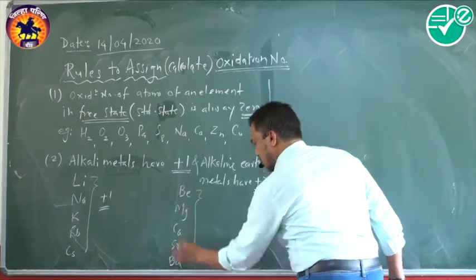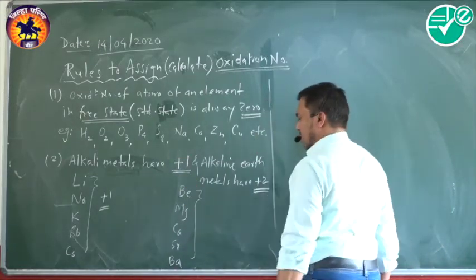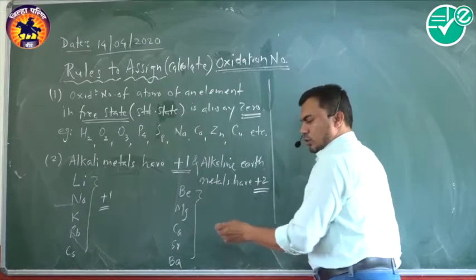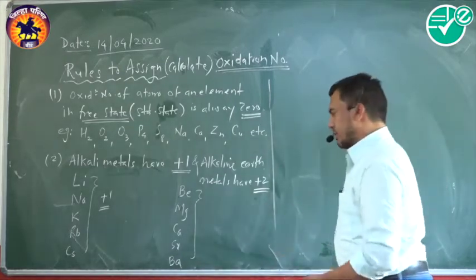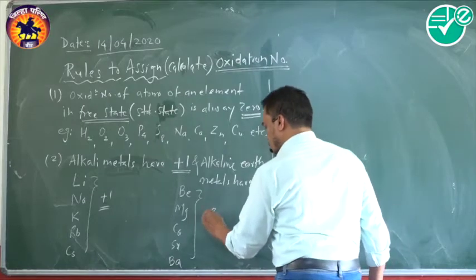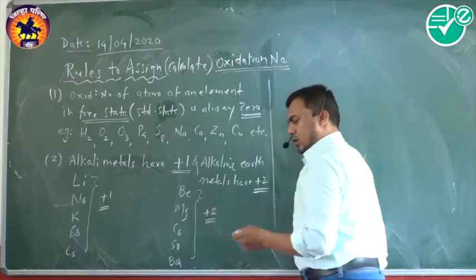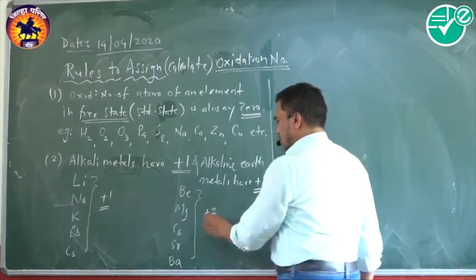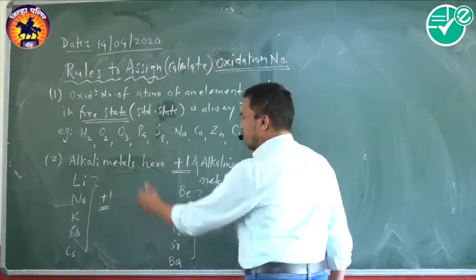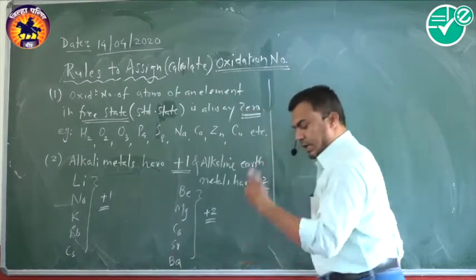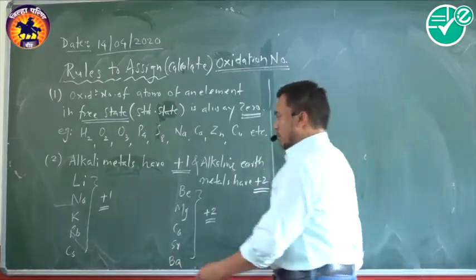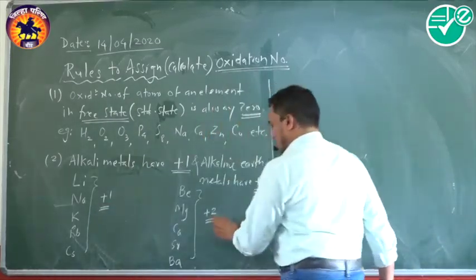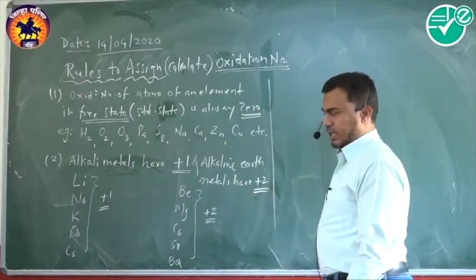These elements are metallic in nature, so they are also electropositive and show +2 oxidation state, because the outermost orbit has 2 electrons, which can easily be donated. If you observe these elements in their compounds, they show +1 and +2 oxidation state respectively.